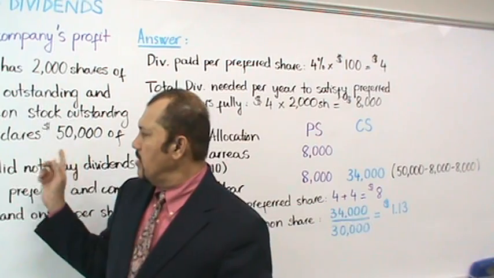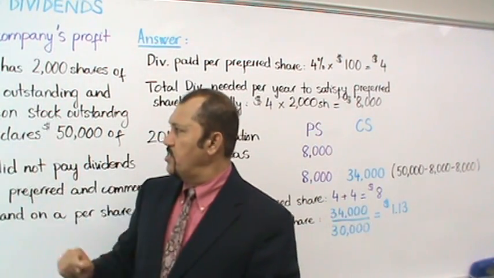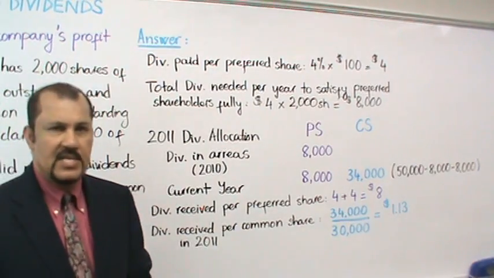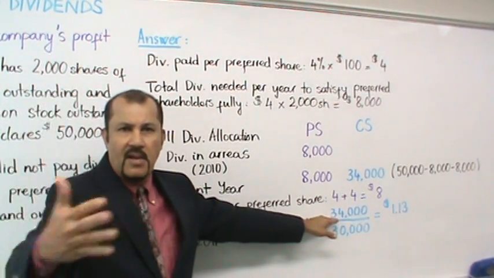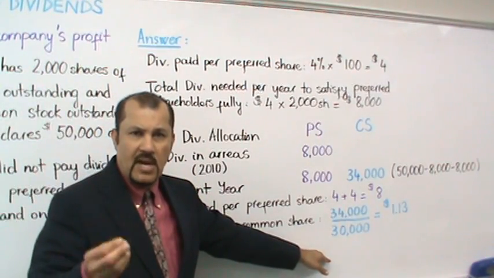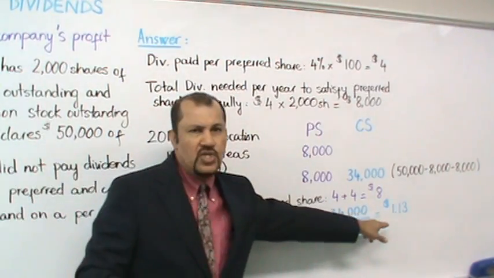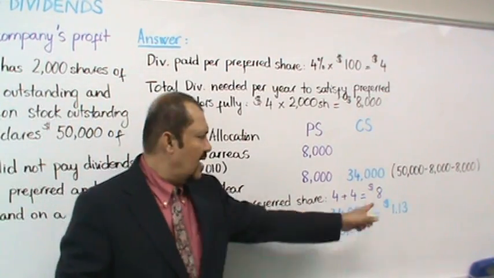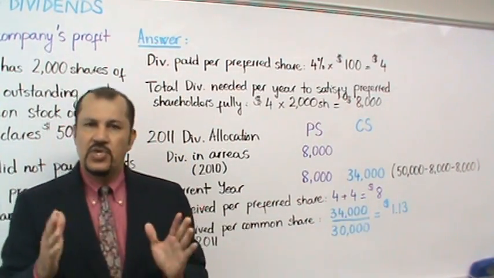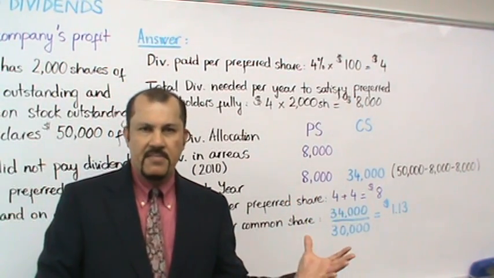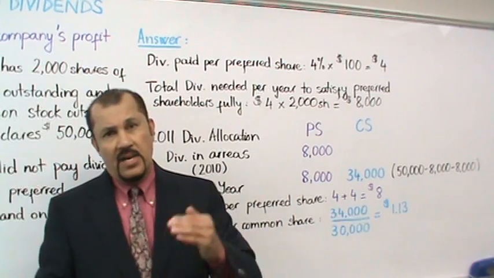There were, tell me again, 30,000 shares. So on a per share basis, you took the $34,000 that the common shareholders got, divided by the total number of common shares outstanding. So each common share received $1.13. So this is how we do the allocation between the preferred stock as well as the common stock.